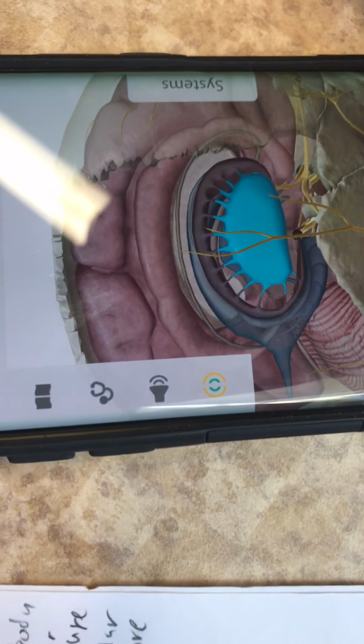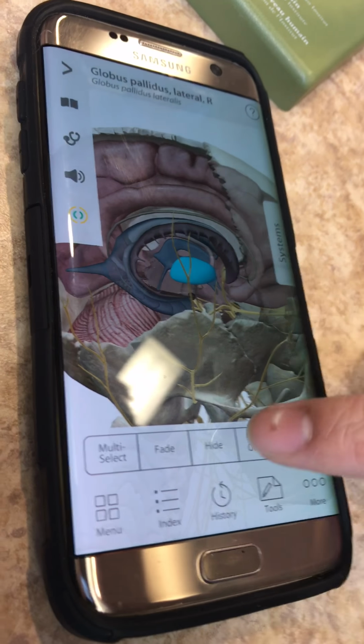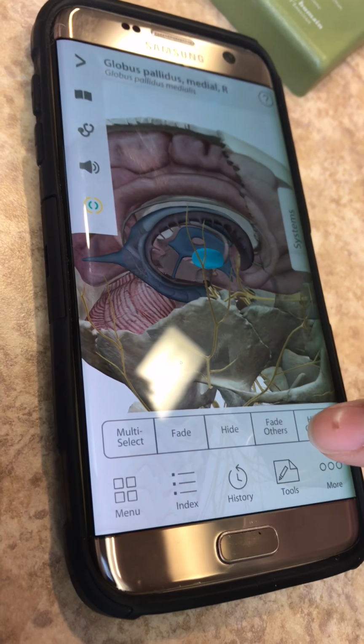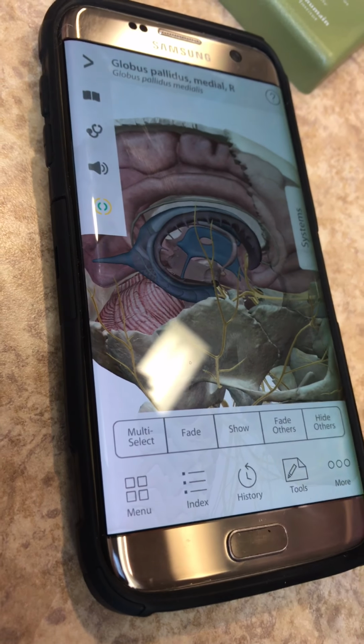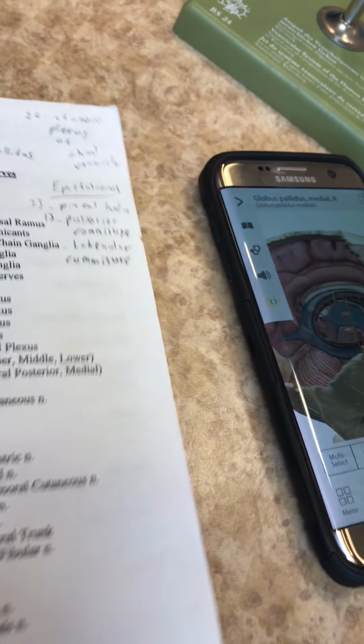And if I go deeper behind the putamen, you can see your lateral globus pallidus and your medial globus pallidus. So that's what the basal nuclei consists of.